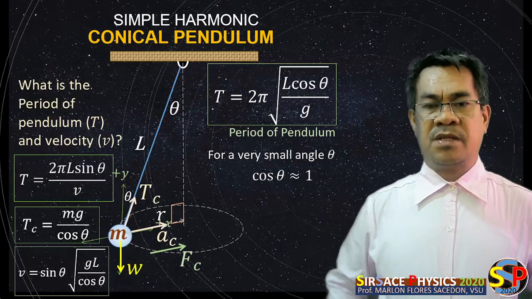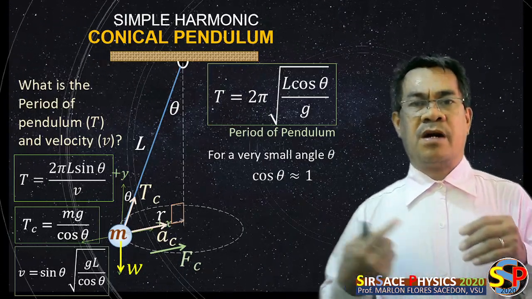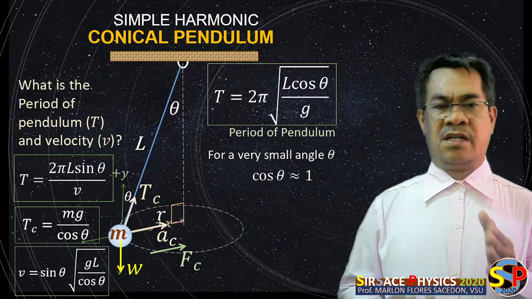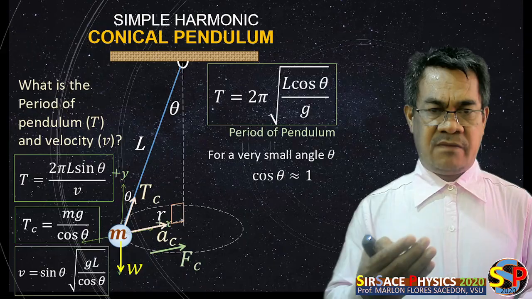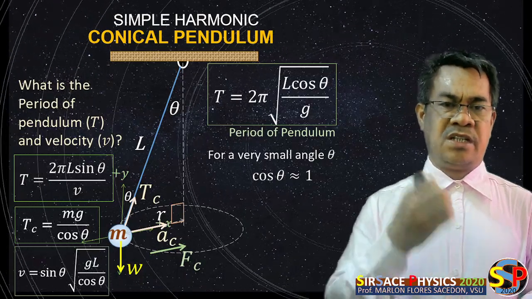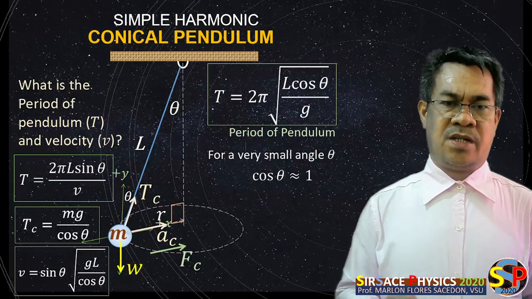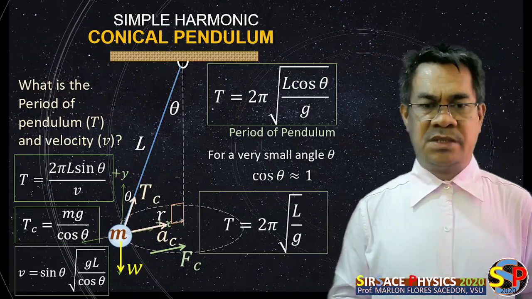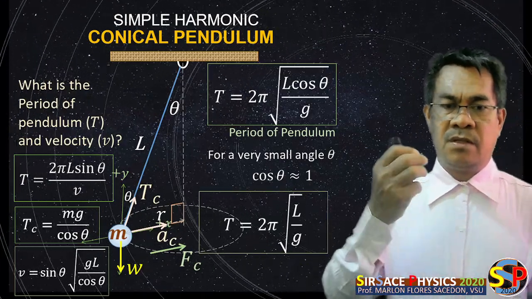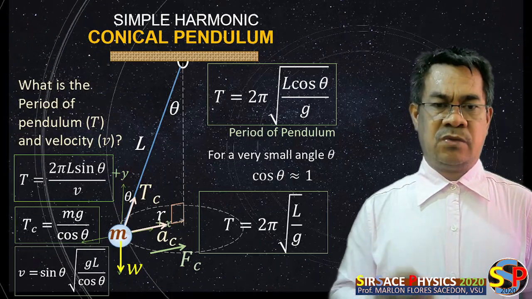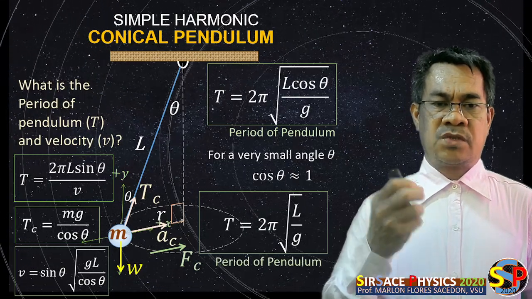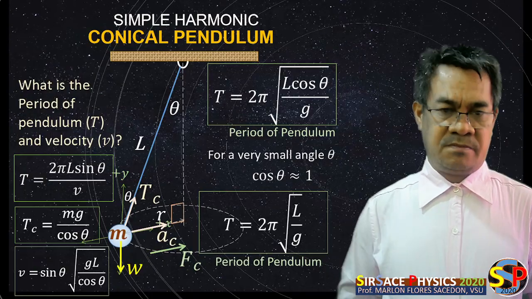Which means that if your conical pendulum has an angle between 0 to 10 degrees, a very, very small angle, then the cosine of that angle is 1, which means that the above equation becomes simplified to T, which is the period of the pendulum, is equal to 2 pi square root of L over g.